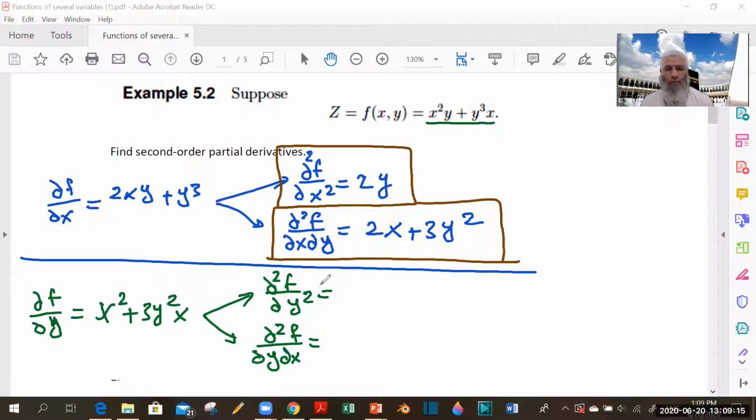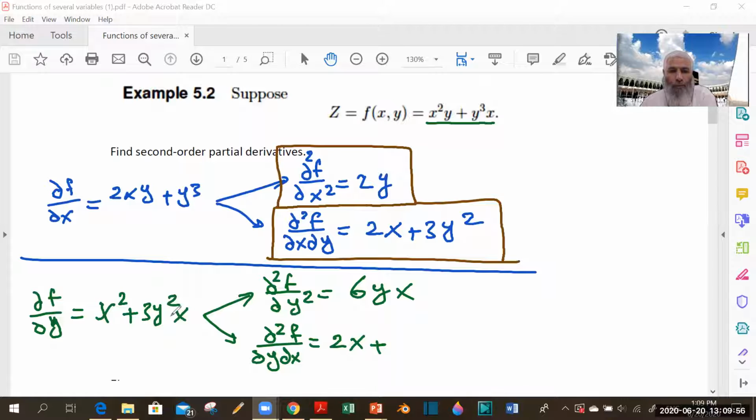The derivative of this with respect to y would be 6yx. And this, 2x plus 3y squared, with respect to y, is 6y, so 6yx. No, the other one is with respect to x, I'm sorry, this was wrong.